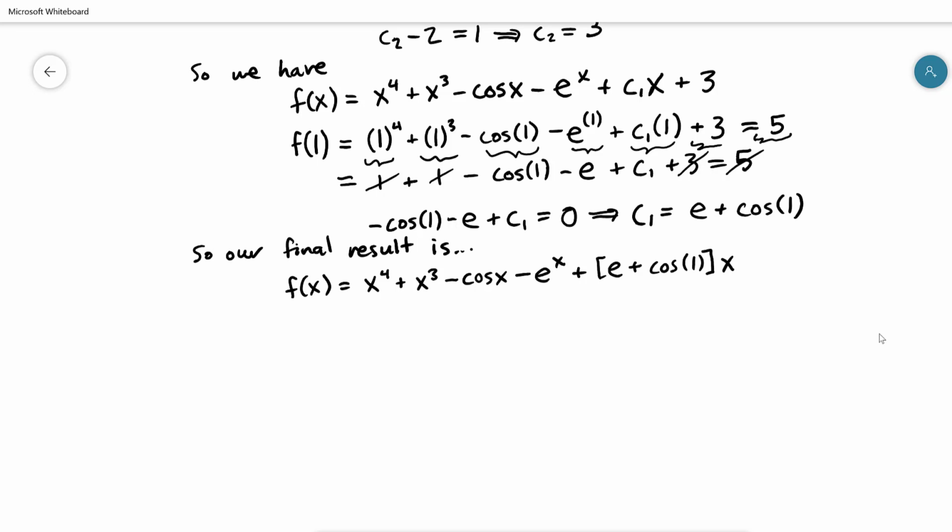So there's our c1 times x plus 3. There is our full solution, based on going from a second derivative to the original function.